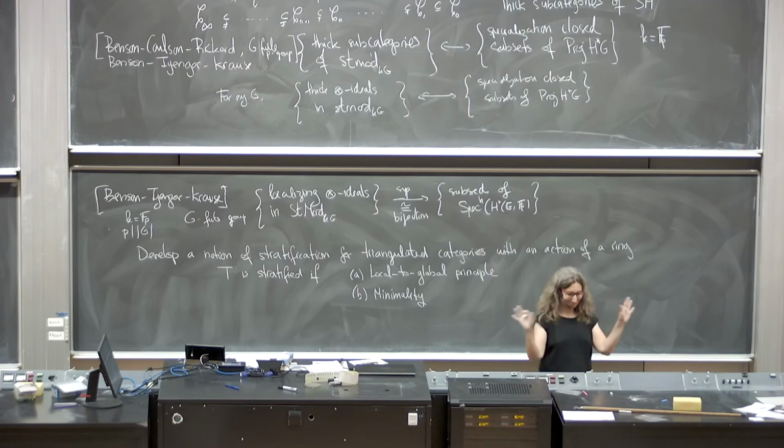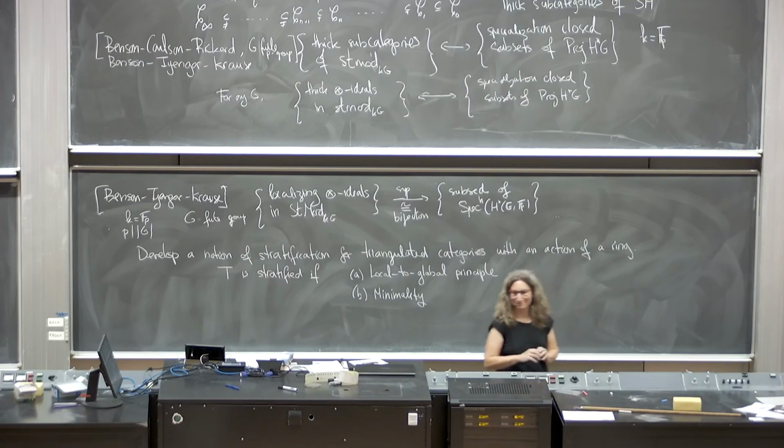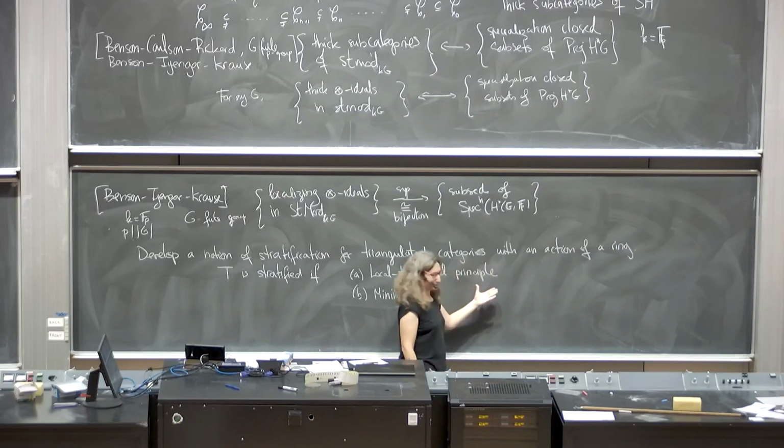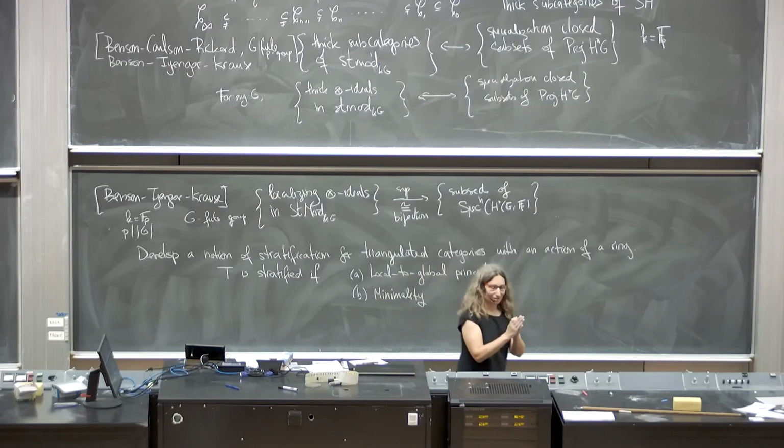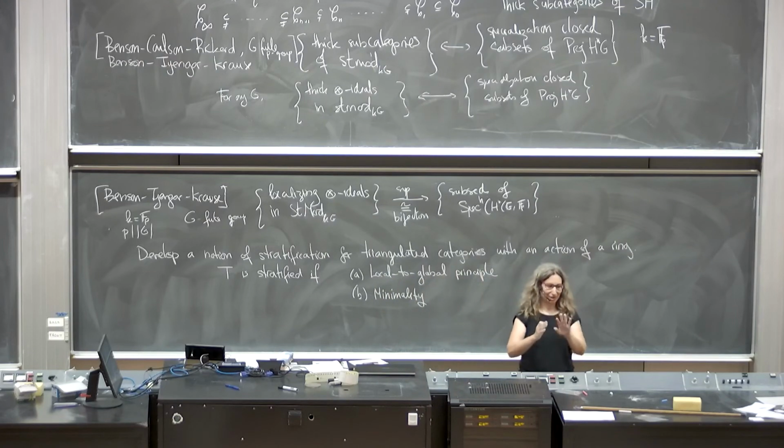I know that probably what I'm saying is very mystic. But the idea is that you have this unit of the symmetric monoidal structure, and they develop a theory in which you can split this unit with idempotents related to each prime ideal.